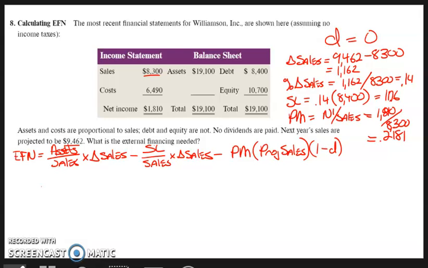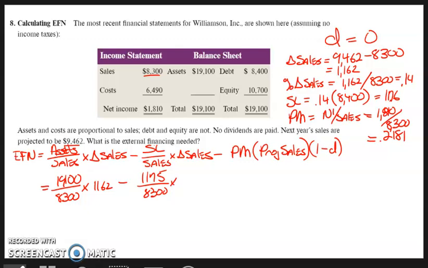We've got $19,100 in assets. Our sales are $8,300. Our change in sales is the 1,162. We subtract out our spontaneous lending, which is 1,176, divided by sales, the 8,300.